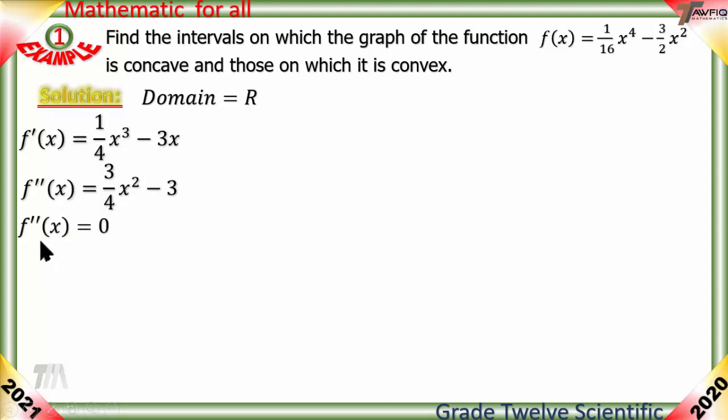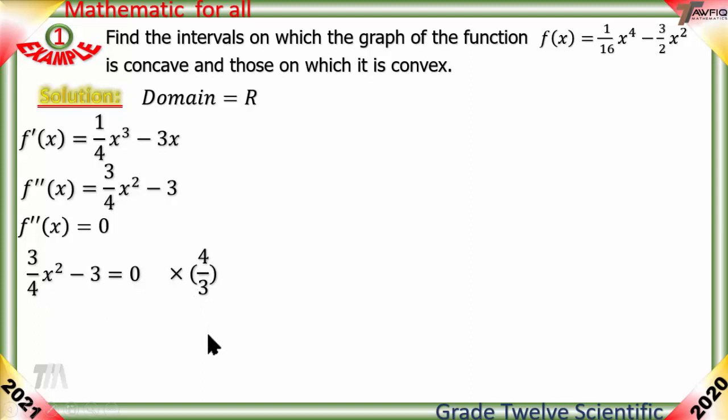And now make the second derivative equal to 0. f double prime of x is equal to 0. So 3 over 4 x squared minus 3 is equal to 0. Multiply both sides by the inverse of 3 over 4, which is 4 over 3.